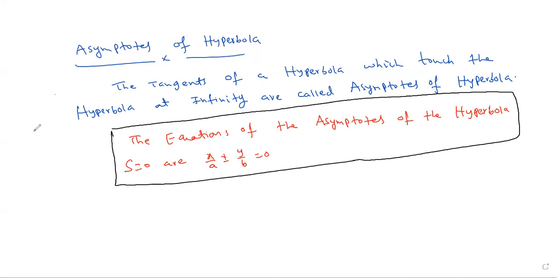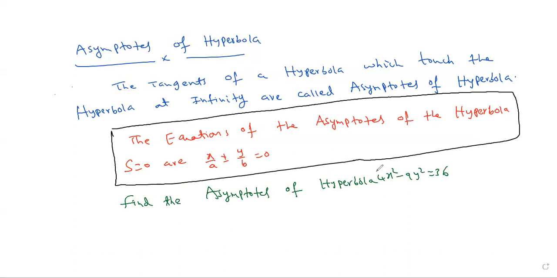Very simple. Let me put a question based on this, how they would ask you. Find the asymptotes of the hyperbola 4x square minus 9y square is 36.